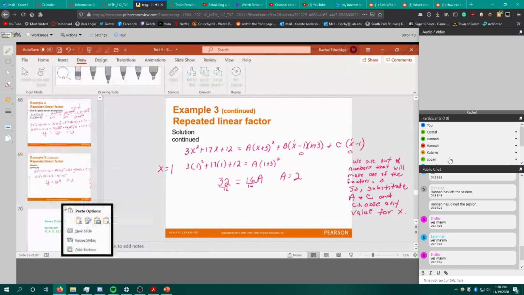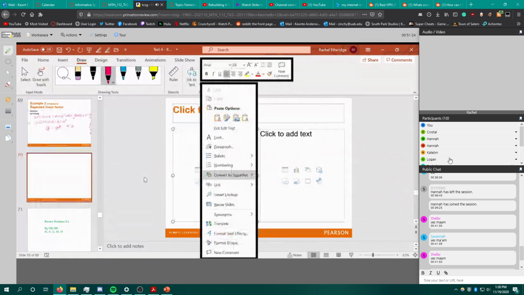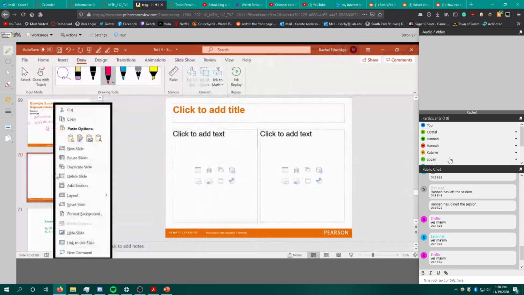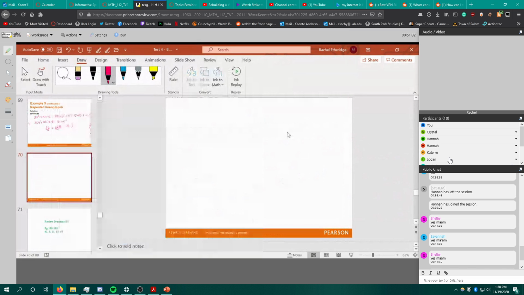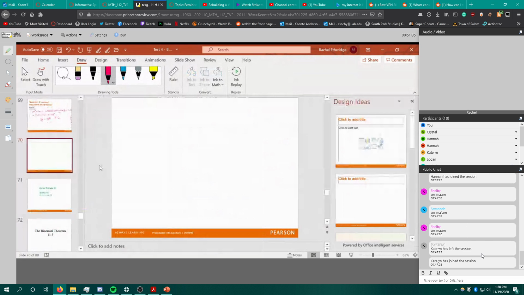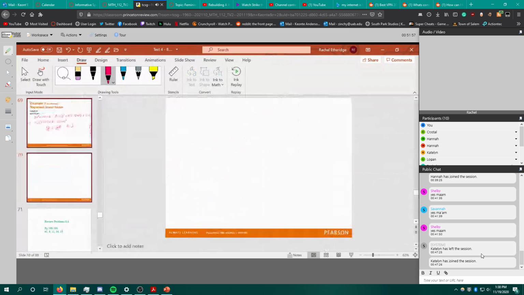I'm going to put another slide in, just so I don't have to jumble this up. Okay, so we're out of numbers that will make one of the factors 0. So I'm going to go back to this equation right here, to the 3x squared plus 17x. I'm going to make this a little bigger so I can see.